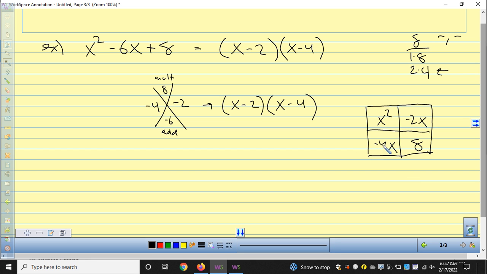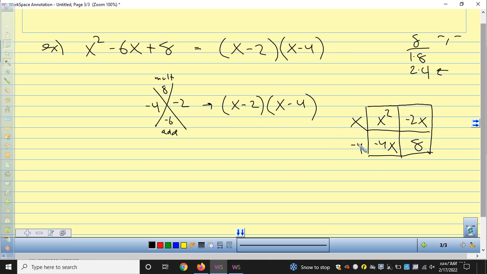What's the biggest number that goes into 4 and 8? 4. And I have a negative here, so I'm going to put a negative 4. They don't share an x. Biggest number that goes into 1 and 2? 1. And what power of x do these both have?